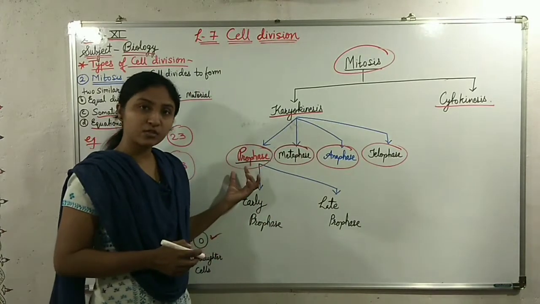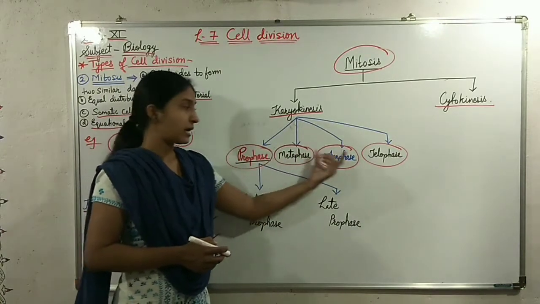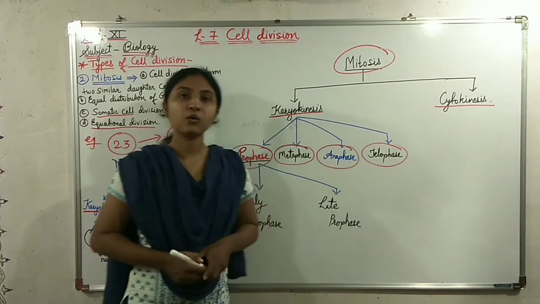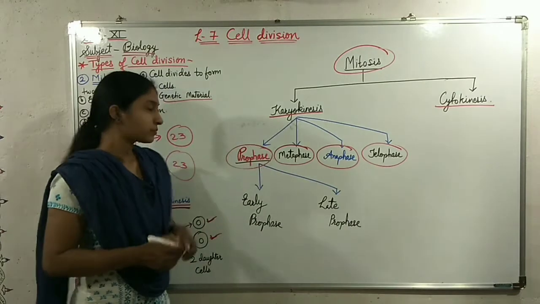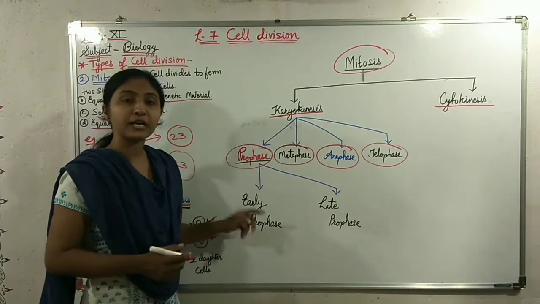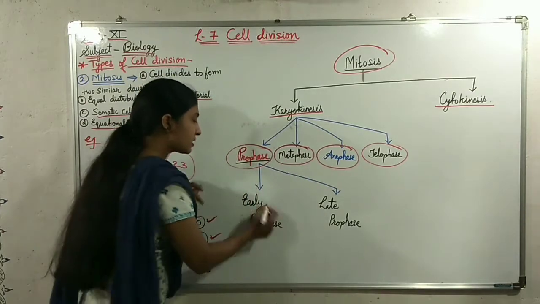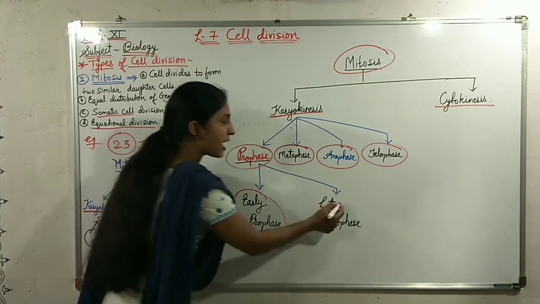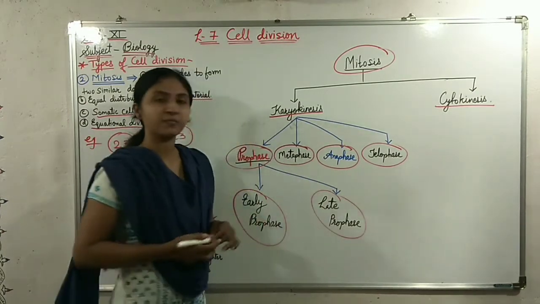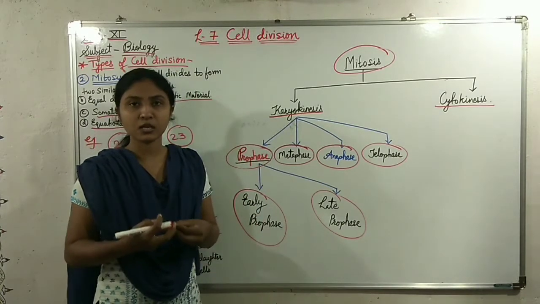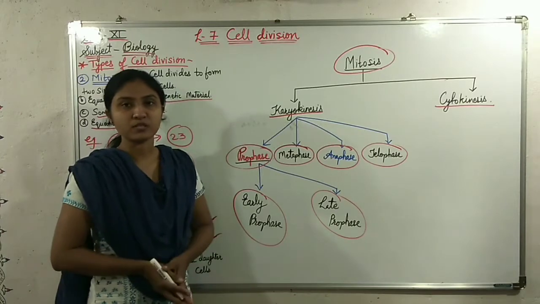Prophase is the first phase, then metaphase, anaphase, and the last one is telophase. Now, this prophase is further divided into 2 phases, that is early prophase and late prophase. First, we will discuss the early prophase.